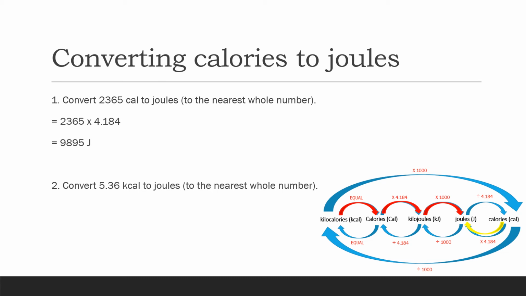Then we've gone from calories to kilojoules, so that's multiplied by 4.184. And then we've gone from kilojoules to joules by multiplying by 1,000. So that's 5.36 times 4.184 times 1,000, and that gets us from kilocalories to joules. And the answer is 22,426 joules.